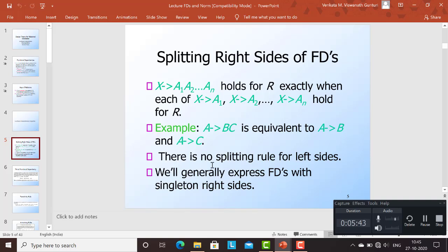Note that there is no splitting rule on the left side. So if you have a functional dependency like: given train number and date of journey, I can uniquely determine the number of sleeper coaches. I cannot break the left side of this functional dependency.